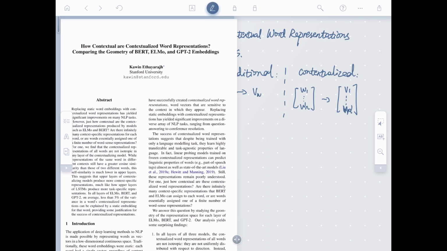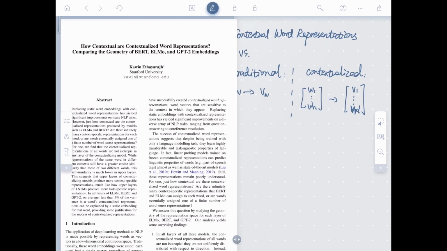What's different from the traditional embedding is that in contextualized word representations, in each sentence, all of the words are considered when you're computing the vectors at each location. Of course, in unidirectional contextualized word representations like GPT-2, you only consider the words before the current word. But in this case, the context of this word occurring is considered.